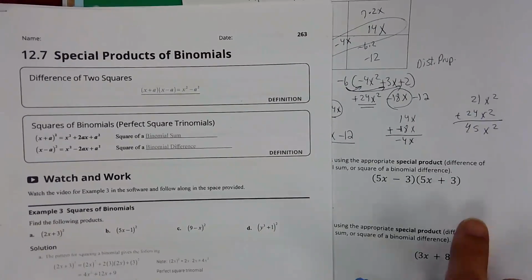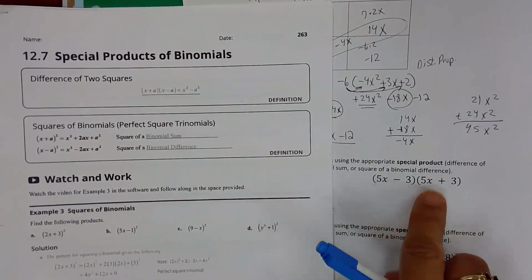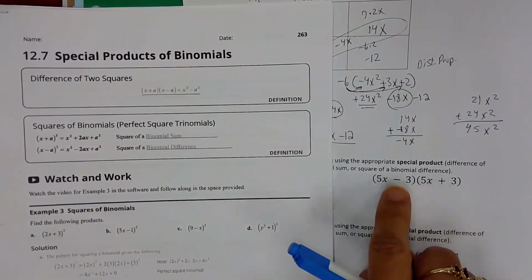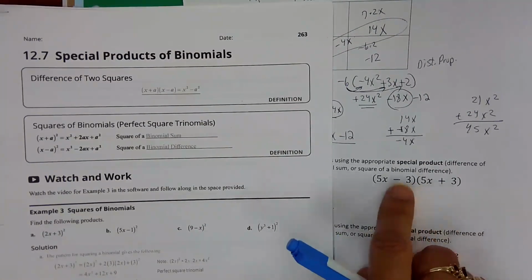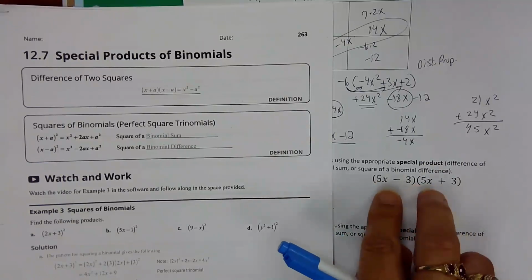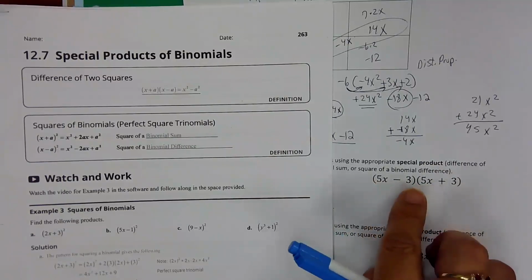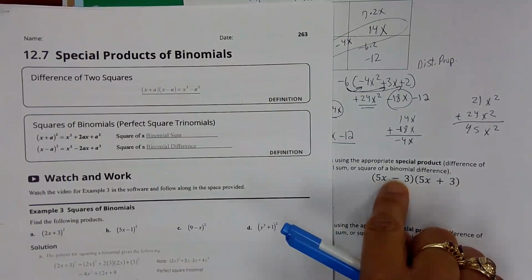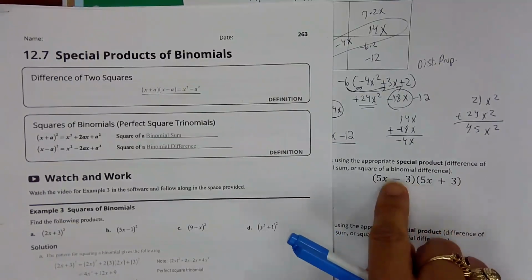So let me see. These are called conjugates. They're almost identical, like the 5x and the 3, the terms of the binomial, except one is a -3, the other is a +3, minus and plus.